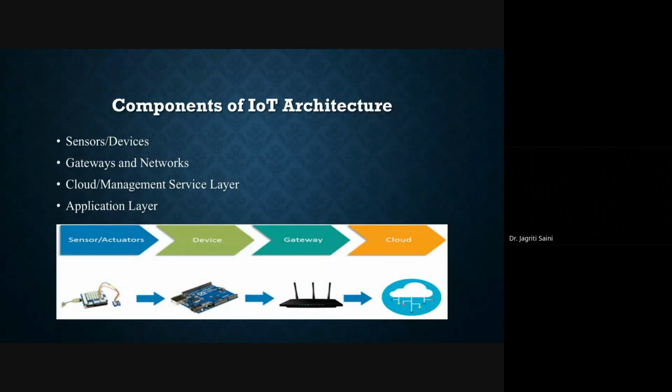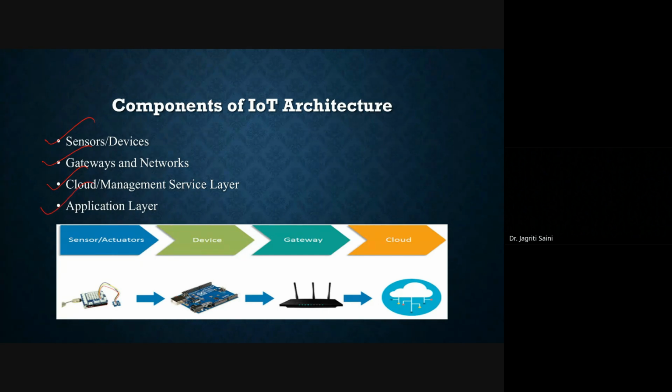Now we talk about the components that are essential for setting up an IoT network. It basically starts from the sensors or the actuators, we can call them. We also have gateways and networks that are essential to send your data to the cloud platform. Then there should be a cloud management service layer where we are able to store data and access data at any time.